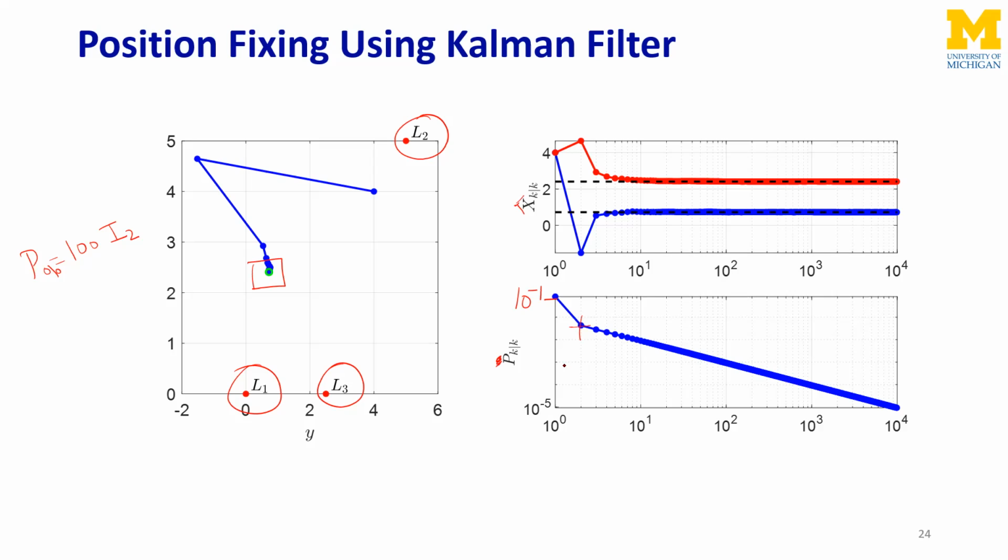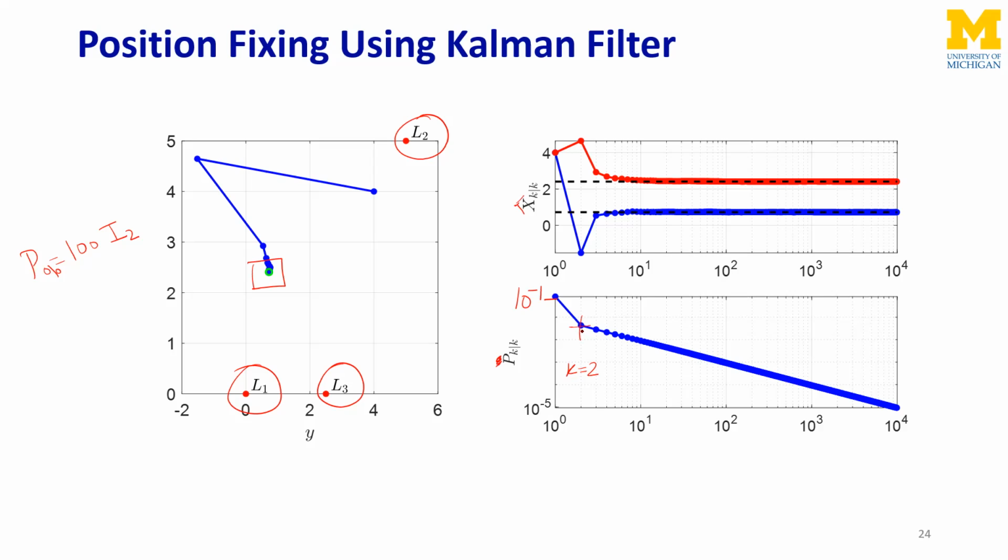Actually, you know what, this step is always 2, because we know as soon as we add a measurement, our state variance is going to be smaller than the initial variance. It's going to be smaller than the harmonic mean of the initial variance and the measurement noise. So exactly at k equals 2, I'm going to drop below the measurement noise. So that's why you have the big drop in the beginning.